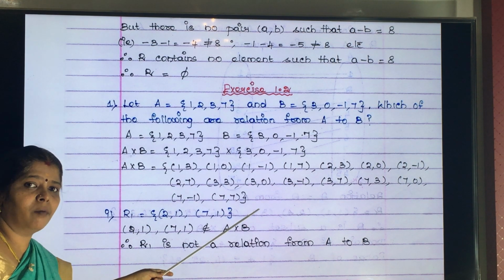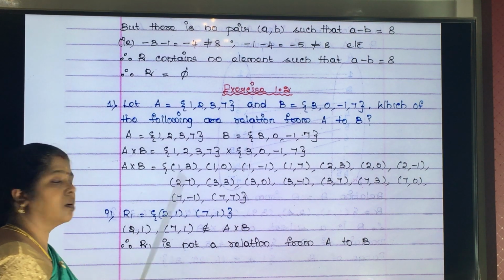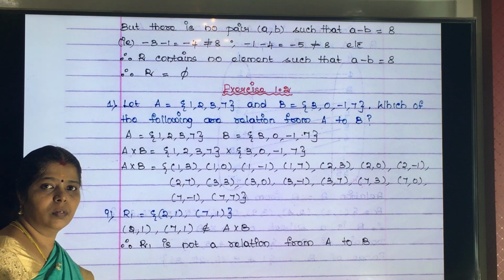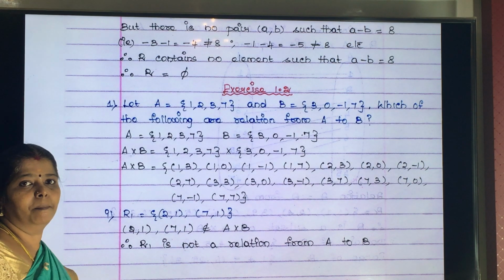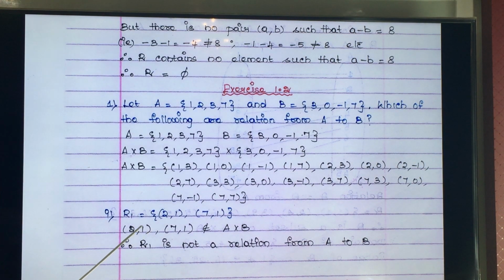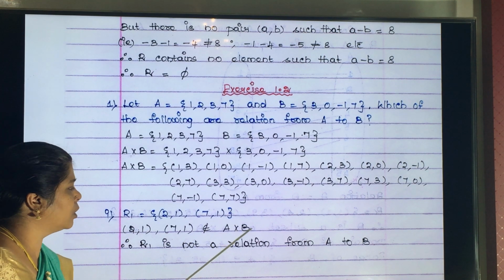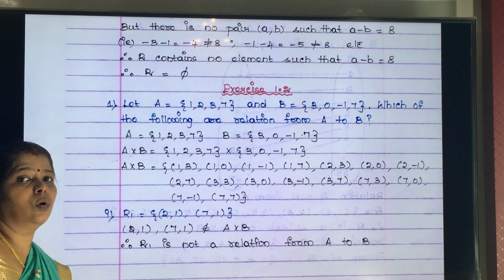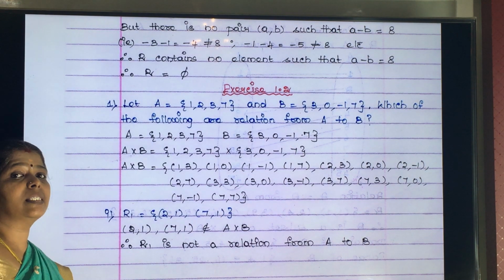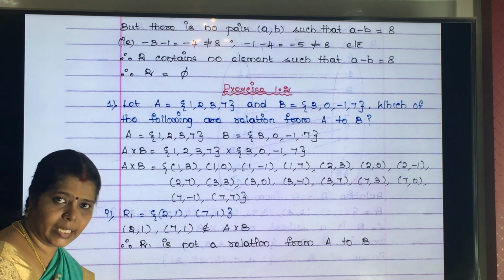Can you find (2,1) and (7,1) in A cross B? No, it is not there. (2,1) and (7,1) idhula illa. So we say (2,1), (7,1) do not belong to A cross B. A cross B என்ற Cartesian productல (2,1) என்ற ordered pair, (7,1) என்ற ordered pair அதுல இல்ல.